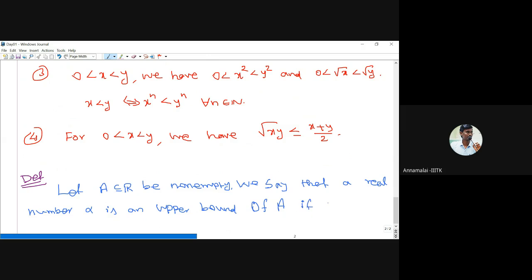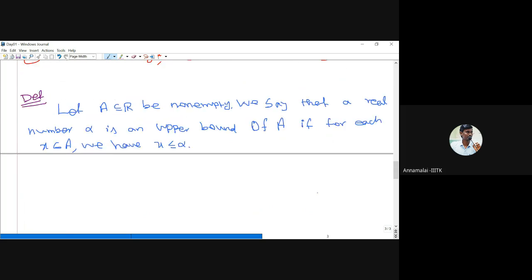That is, if for each x in A we have x ≤ alpha. So every element of A is less than or equal to alpha, and then we say such an alpha is called an upper bound for the set A.